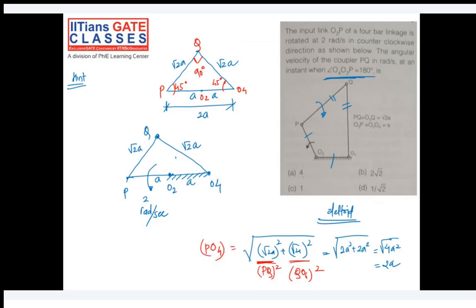Okay, so 2A is the correct answer. Can you tell me the answer now?